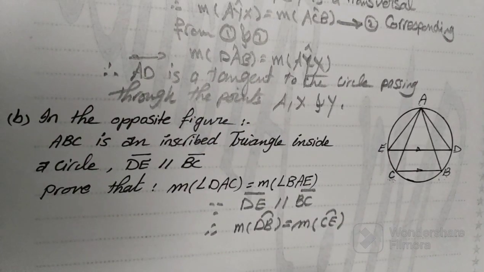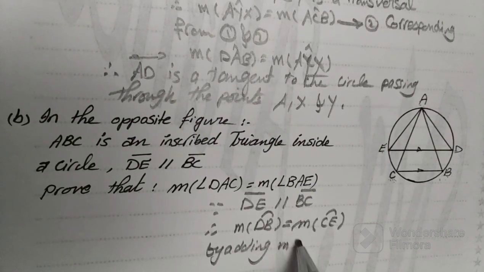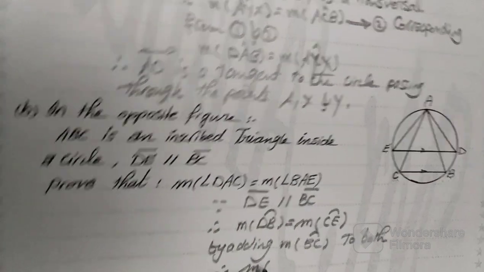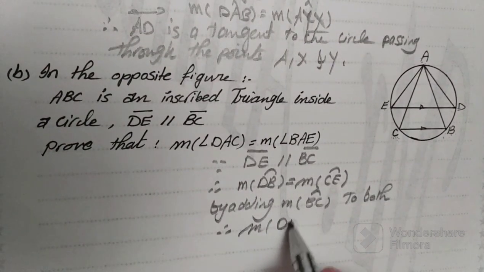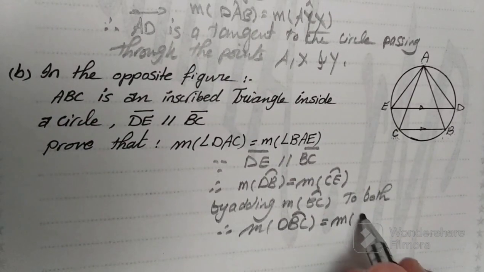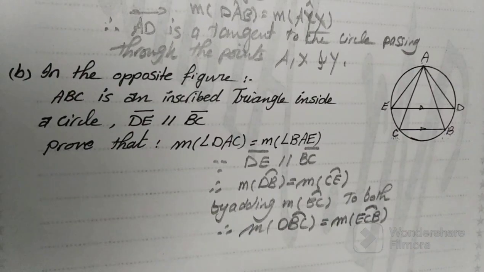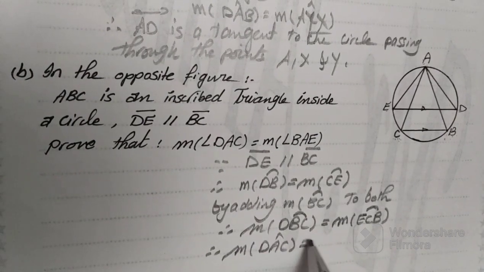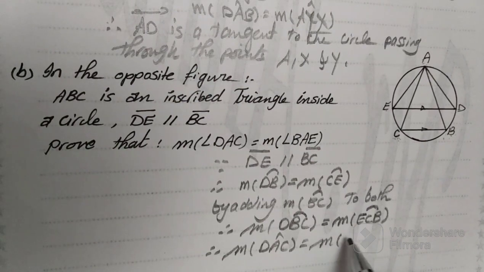By adding the measure of arc BC to both, therefore the measure of arc DBC equals the measure of arc ACB. Therefore the measure of angle DAC equals the measure of angle BAE, and this is required.